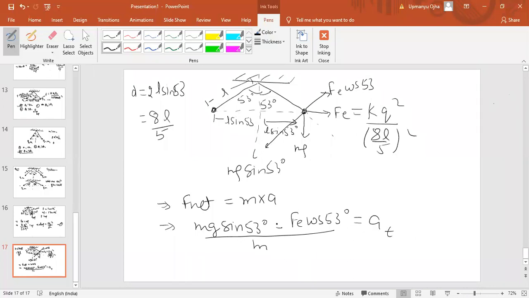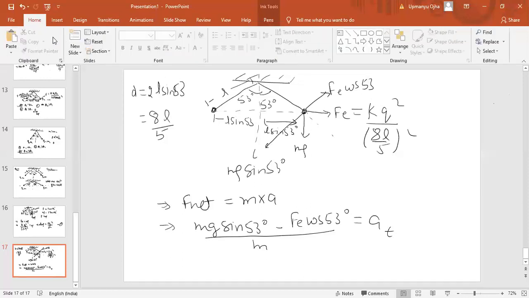So mg sine 53 minus Fe cos 53, where Fe is the electrostatic force acting at that particular point, divided by mass m, equals tangential acceleration. Fine.